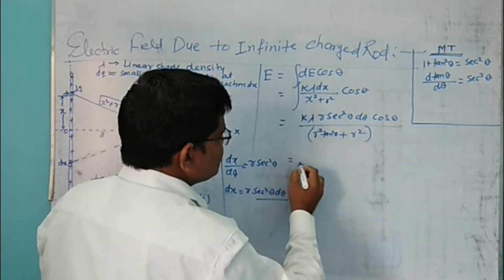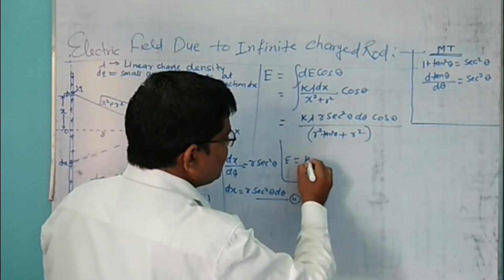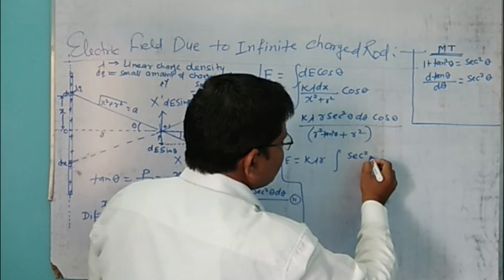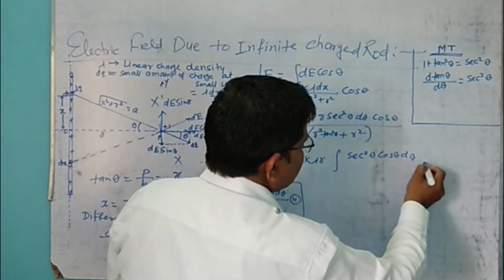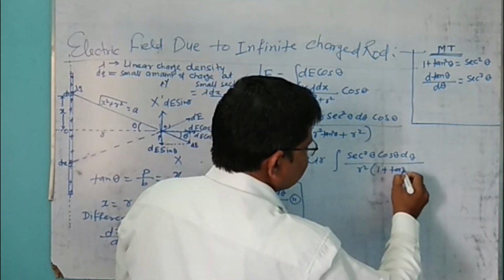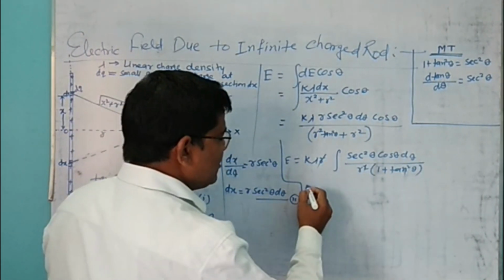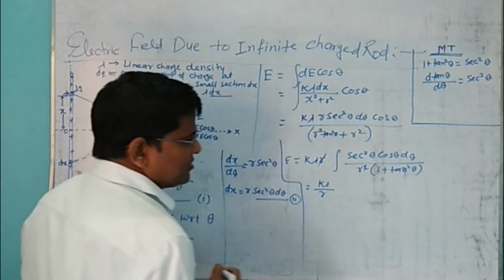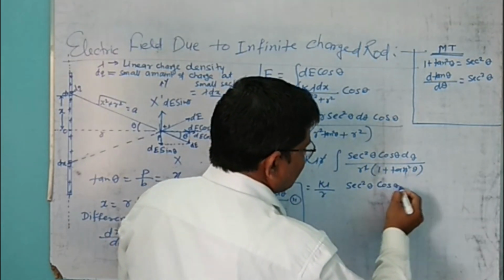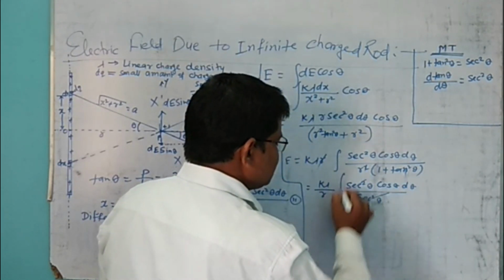It means the electric field is equal to the integral of k lambda, r is also constant, sec square theta cos theta d theta upon r square into 1 plus tan square theta. And this r cancels out, therefore k lambda by r, and the sec square theta cancels with the sec square theta from 1 plus tan square theta, so this cancels.